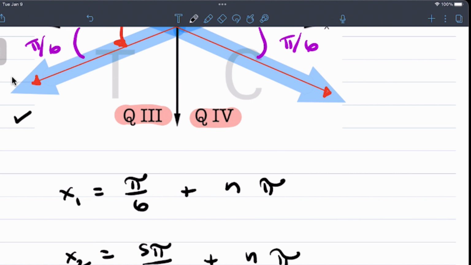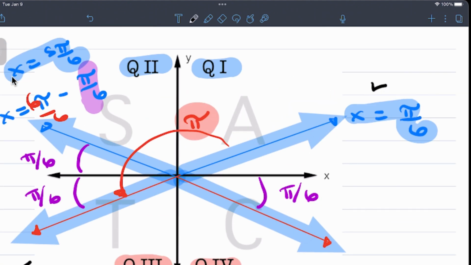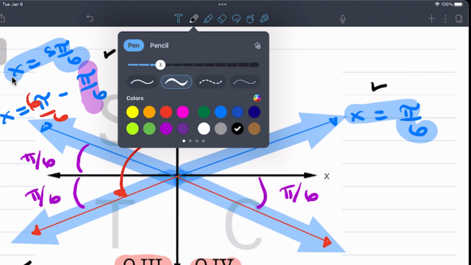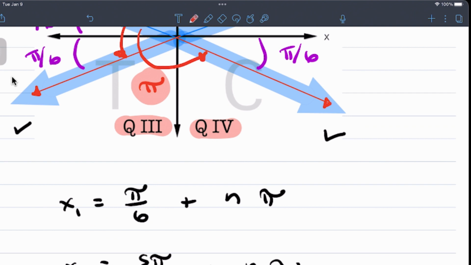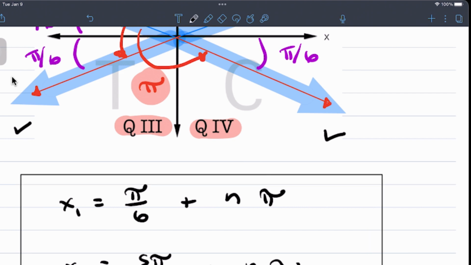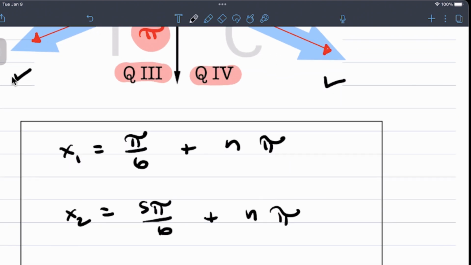And just add an integer multiple of n pi here, because you take this solution in quadrant 2 and you get the quadrant 4 solution for free, because here as well, they differ by pi. n pi. What is n again? n is an integer.